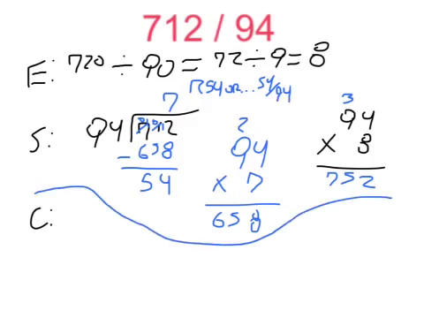Okay, let's do this real quick too. We need to check. This one's really important to check on because we had a weird problem there with our estimate. Ugh, I hate when that happens. So let's multiply back out 94 times 7. We'll add back 54. This is a kind of poorly written out problem here.